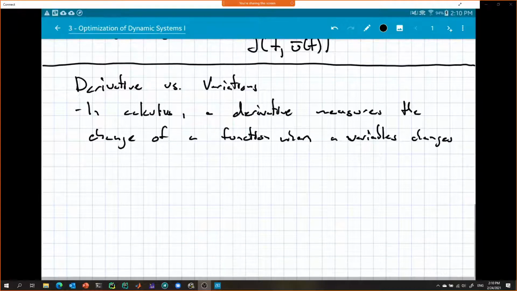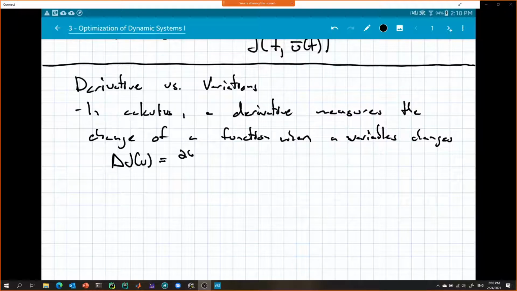This is fairly simple, but we have some delta J of u, and that equals, this is just the Taylor series, right? The partial of J with respect to u, evaluated at some u star, times du, and then the second order change, and so on.